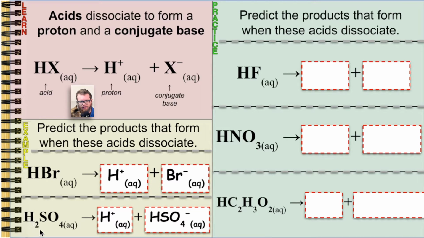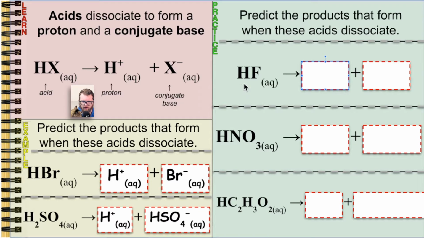If we have something like H2SO4, if just one of those hydrogens falls off, we have one hydrogen that fell off, and then we have HSO4- as aqueous, because that's what's left. One of these hydrogens goes away, so instead of H2SO4, it is now just HSO4, meaning there's one hydrogen left.